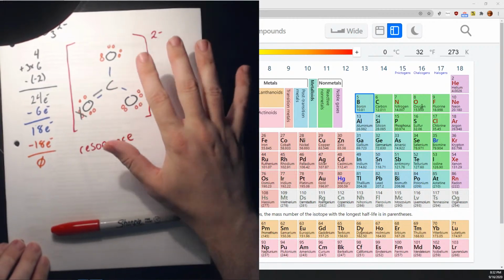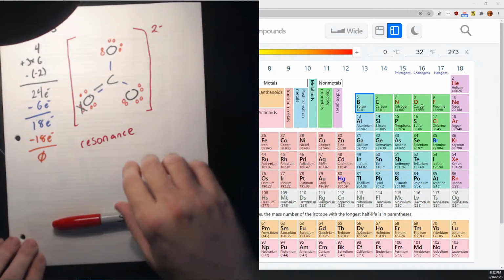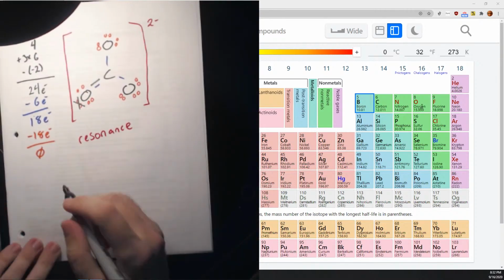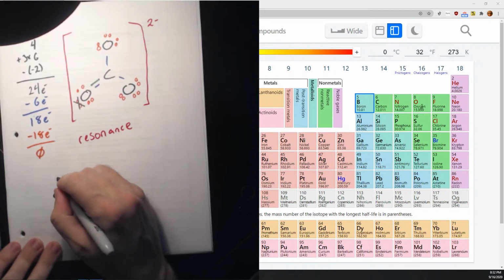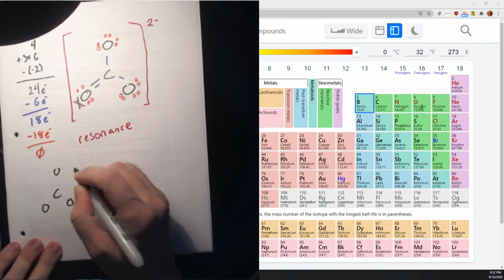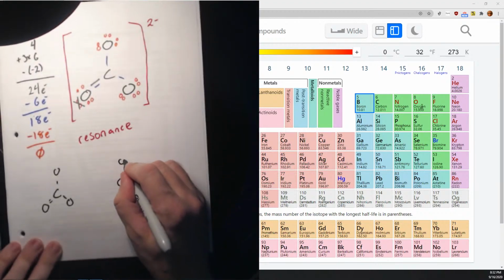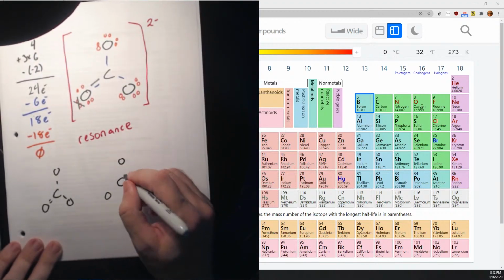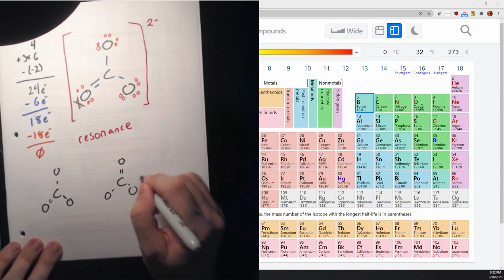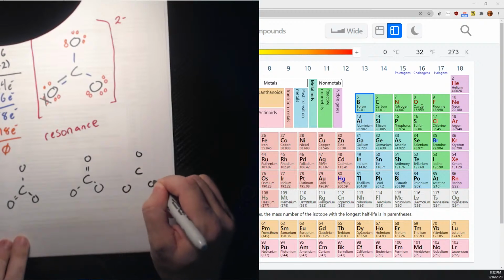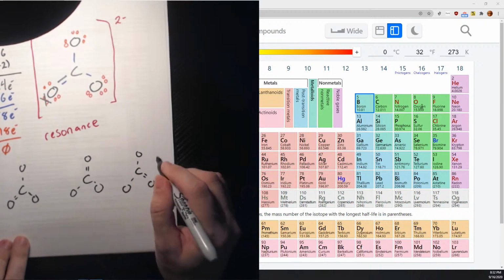So we have to indicate that this bond exists in all 3 locations at the same time. And the way we do that is by drawing 3 pictures. So let me sketch this out real quick. Okay, we have carbon, oxygen, oxygen, oxygen, single, double, single. Carbon, oxygen, oxygen, oxygen, single, double, single. Carbon, oxygen, oxygen, oxygen, single, single, double.